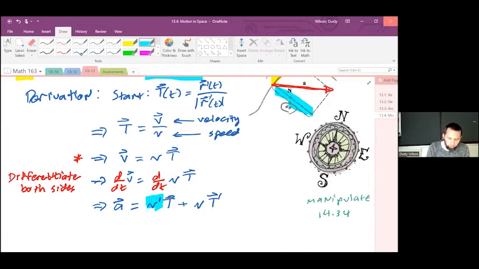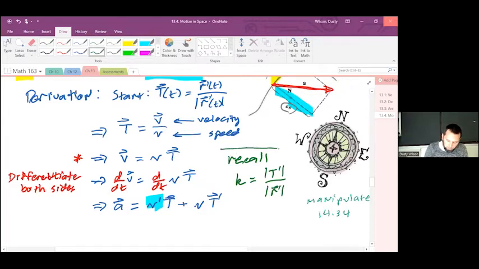So at this stage, we need to do a little bit of memory work. So recall that we defined the curvature in a number of different ways, but one of the ways was as the magnitude of T prime divided by the magnitude of r prime. Okay.